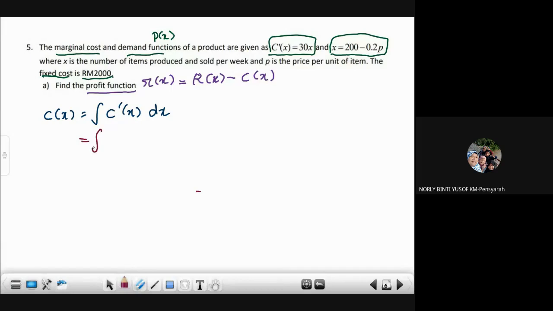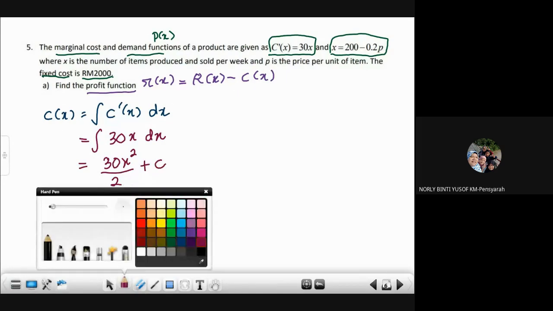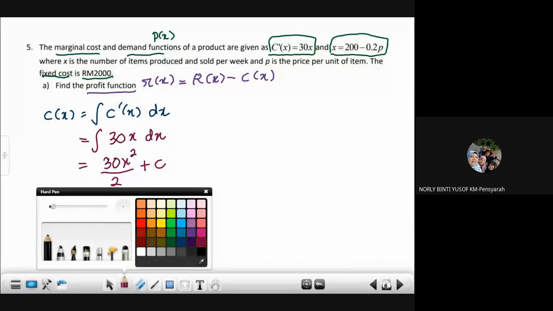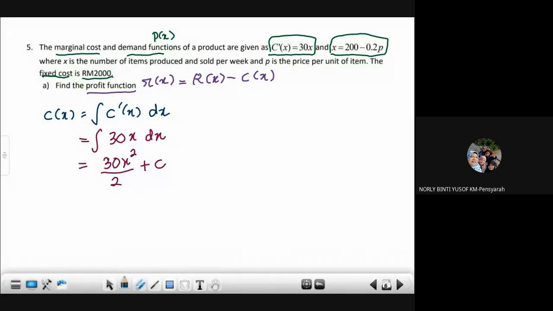Okay, jadi integrate 30X dx. So, dapat 30X squared over 2 plus C. Lepas tu C tu adalah, sebab dia adalah integration of marginal cost. So C tu adalah fixed cost.